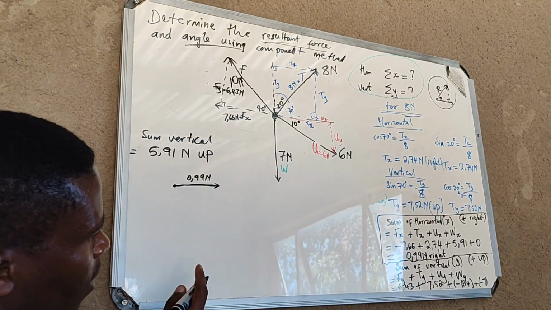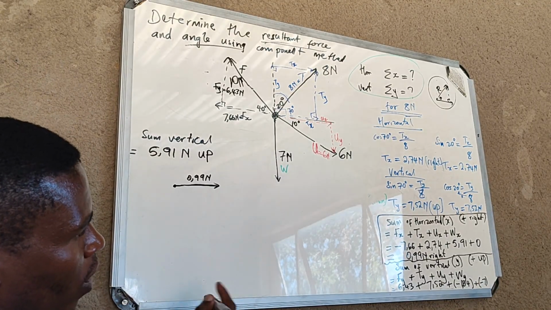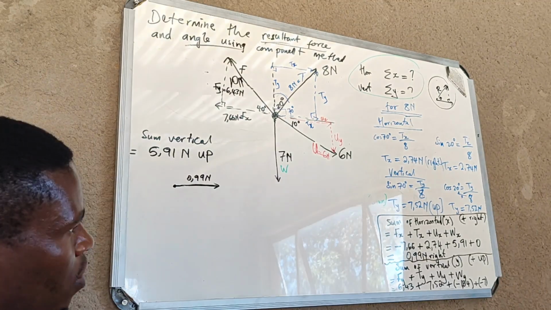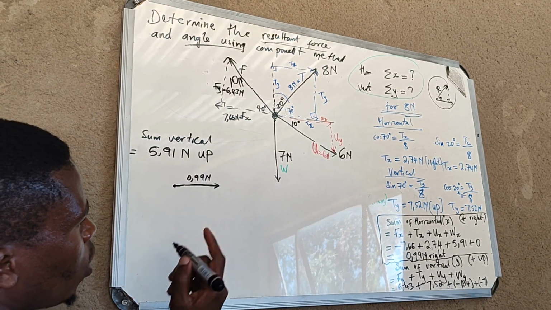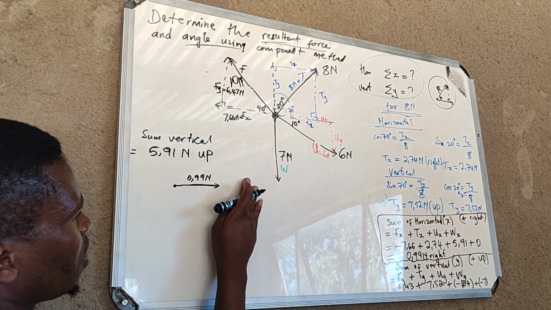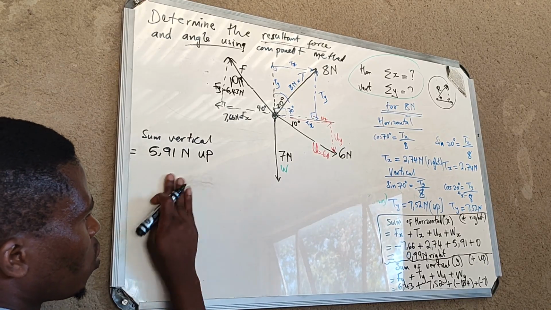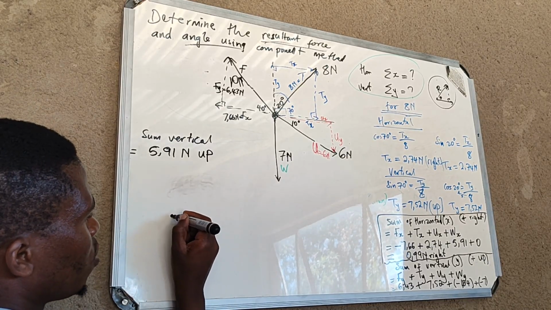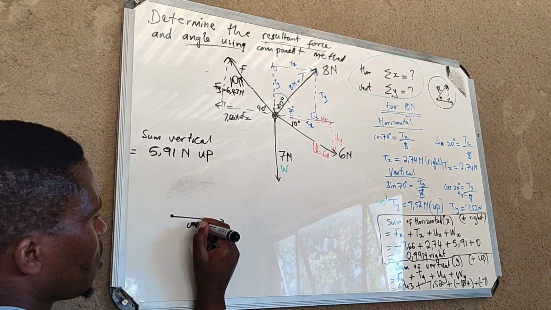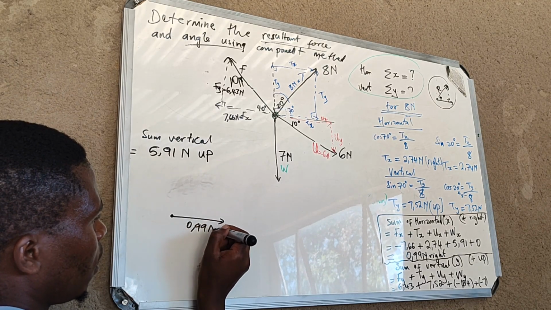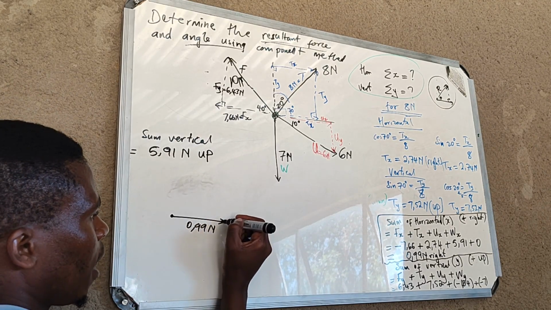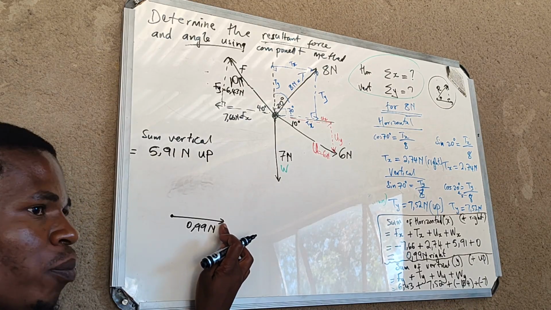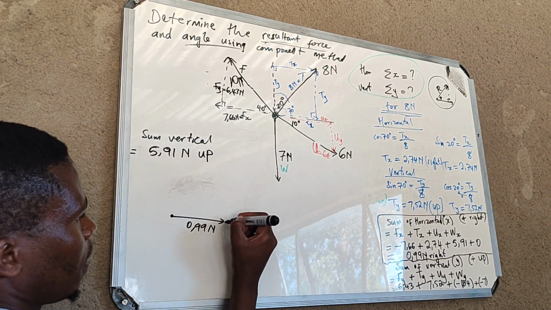And then what are we having next? We're having up. So if you are having up, it means let's write this down because we need to go up. Let's put it here. Let's write 0,99 newtons. Then up. So we can move from here, going down there or up there.